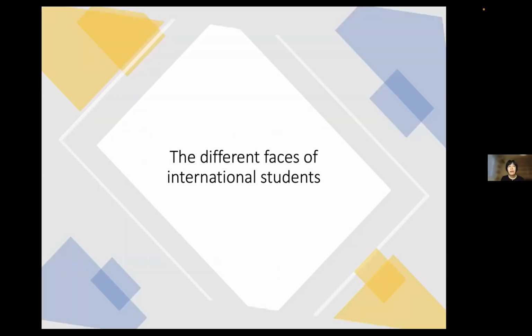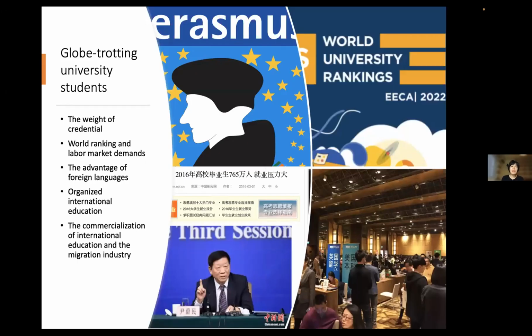I mentioned these are tertiary level students, but in fact, there are different kinds of international students that I'm going to cover today. Start from the university students. I think many of us are international students or have been. The global university students are probably the most iconic of international students.